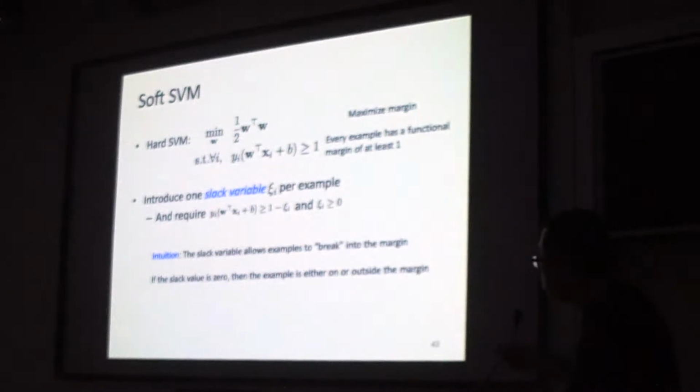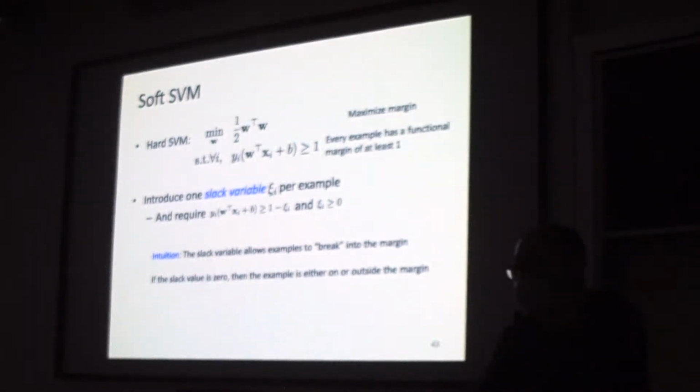So now I introduce a slack variable. What choice of the slack variable's value will reduce to the original situation? If the value is 0, because it reduces to the same.